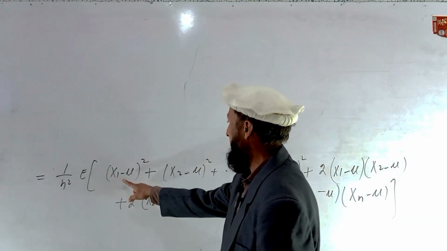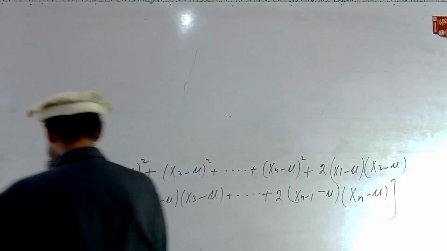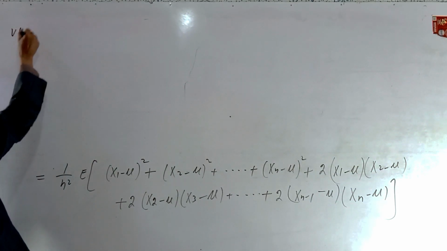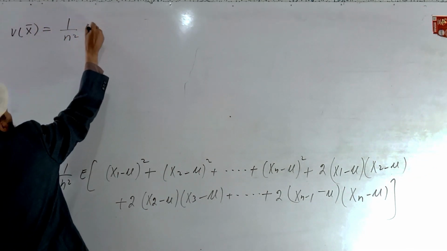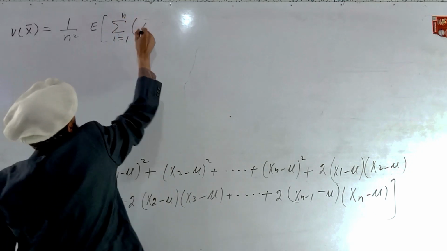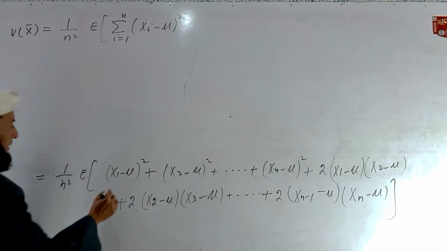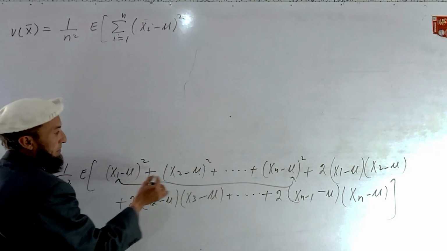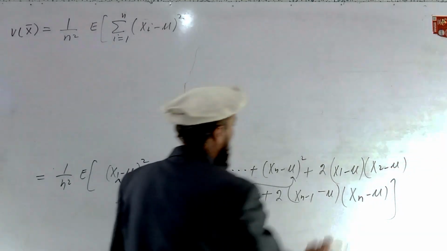Now look here, from the first term up to this term, we change it into a summation. So the variance of x bar is equal to 1 divided by n square times the expected value of the summation of xi minus mu, whole square. The plus is changed into a sigma.